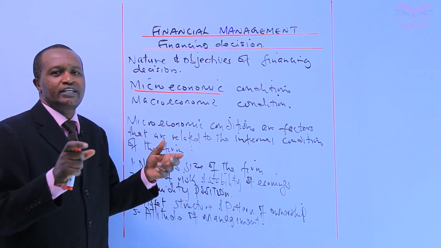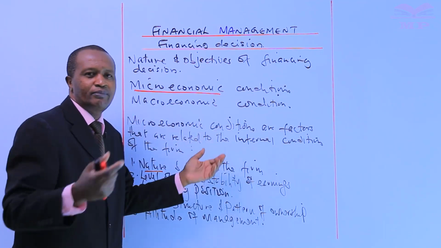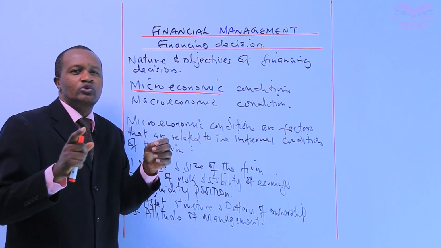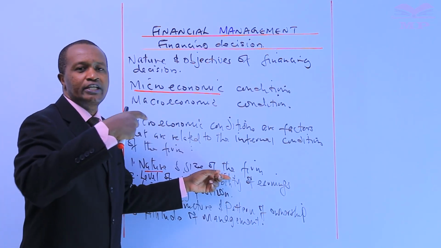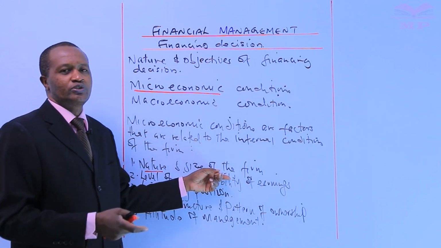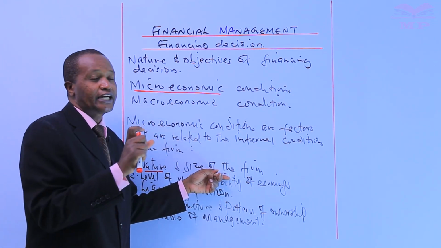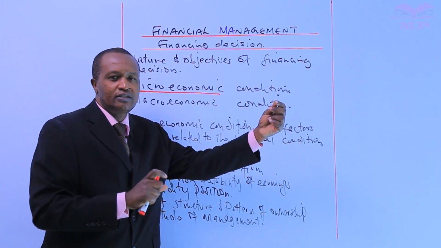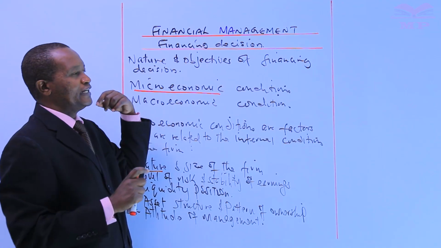Small firms may obtain their fixed assets just, say, on lease or hire, but large firms would need to construct their own buildings. They may need to assemble their own plants and so on. So small companies will have lower goodwill in the capital market, and so their financing decisions are different from that of larger firms.